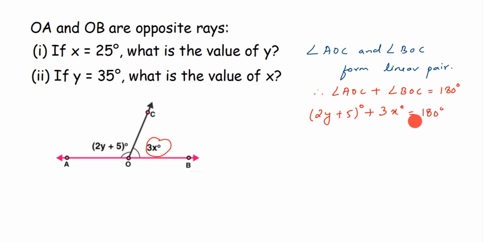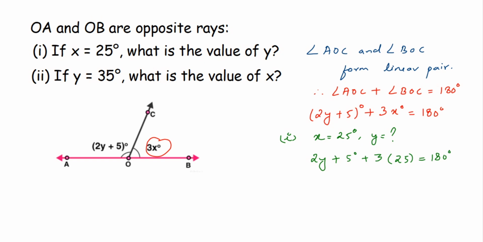We got the equation. Now let's find the value of y when the x value is given. This is our first question: x is equal to 25 degrees and we have to find the value of y. Let's substitute. We have 2y, plus 5 degrees, plus, in place of x, I'll write 25 in a bracket, equal to 180 degrees.